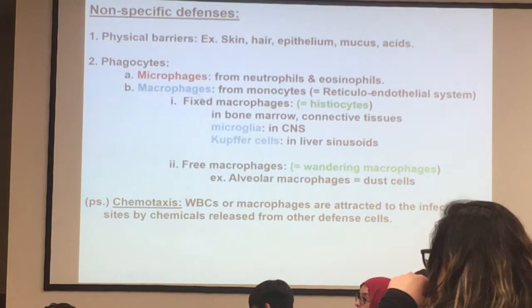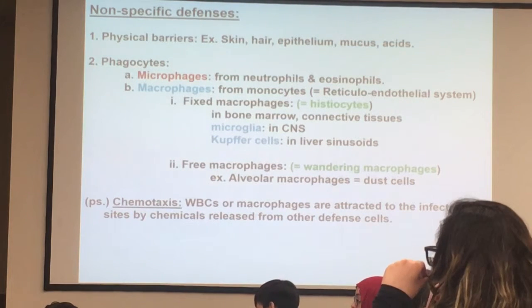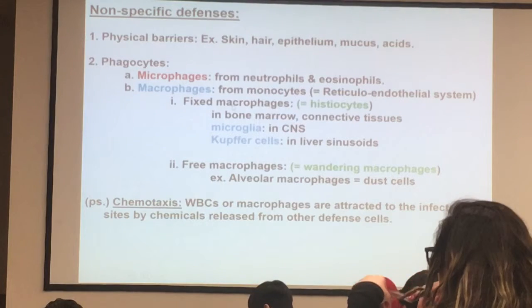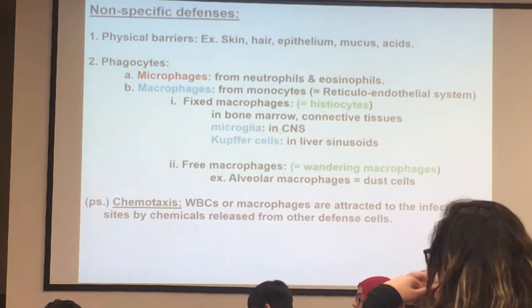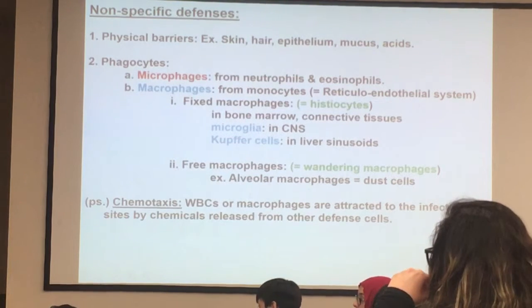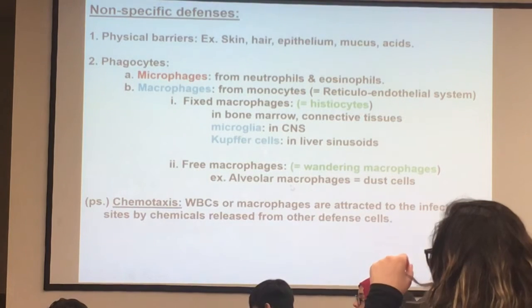And the macrophage could be fixed, or could be free moving around. The fixed can be located in the bone, in the central nervous system, in the brain, and in the liver, where we call it Kupffer cell. Free moving ones are majorly in the lung, and we call them alveolar. And here I want to say something about the microglia.